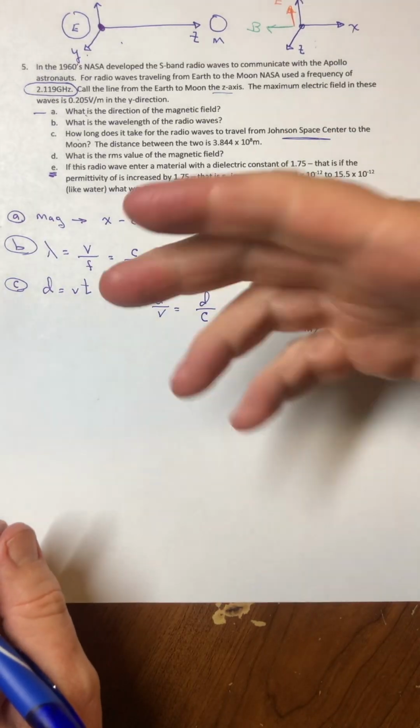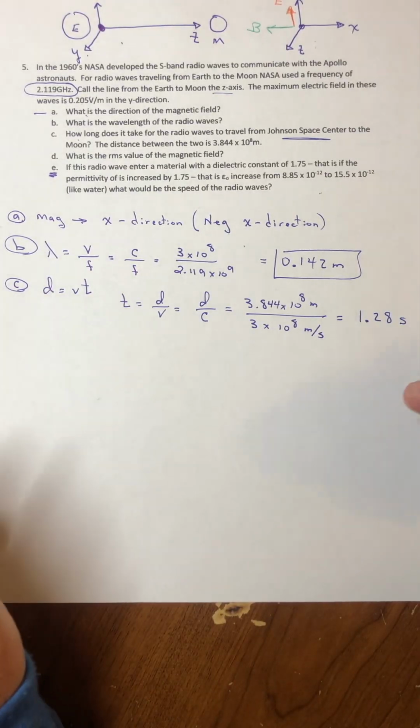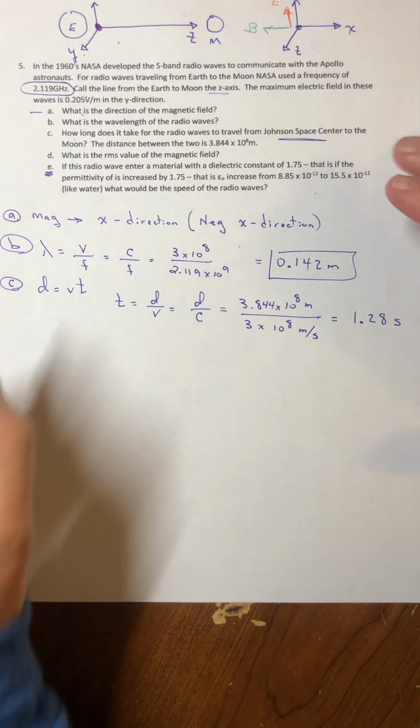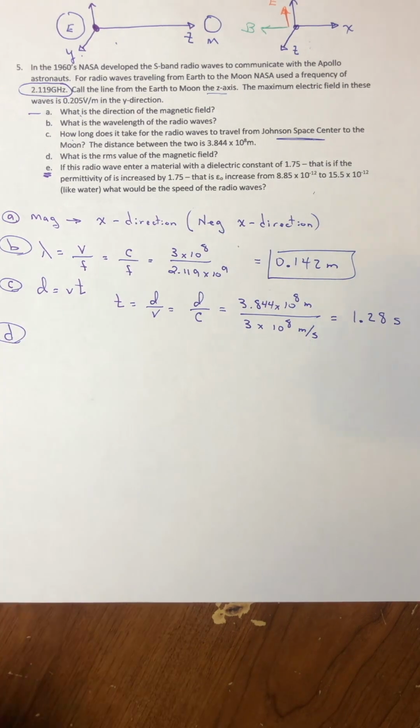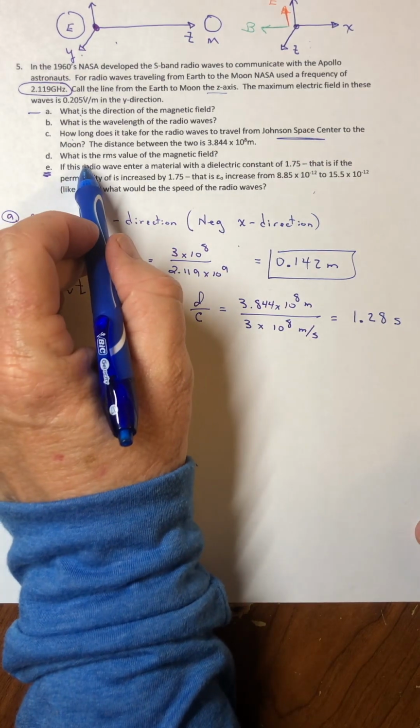Deek! 1,000, 2, 1,000, bing, and you get your echo. And so there's your radio waves, and in this case from Houston to the moon.